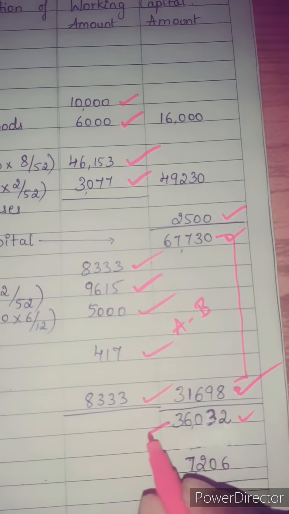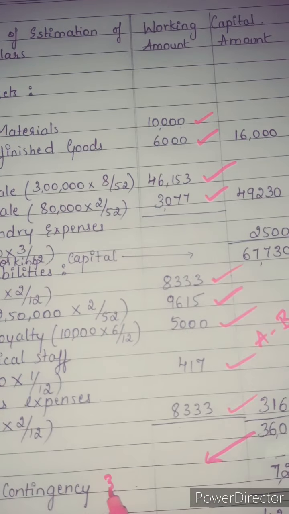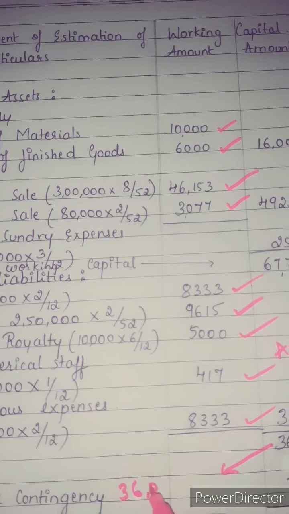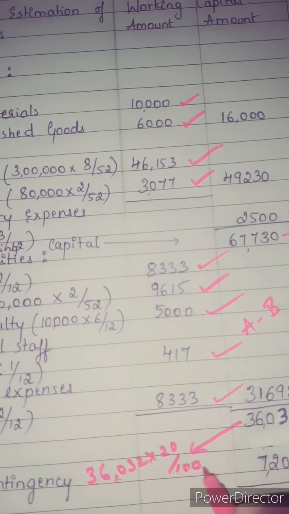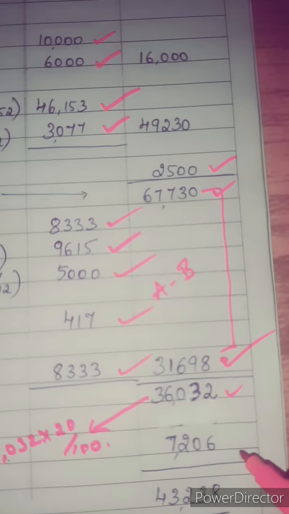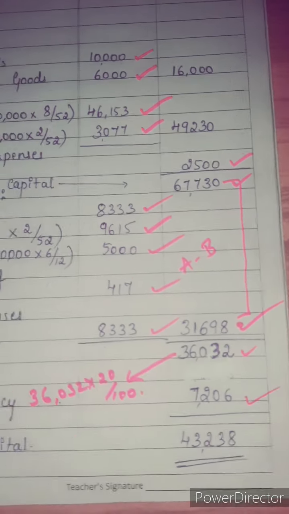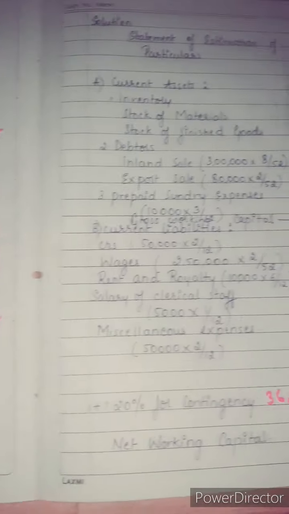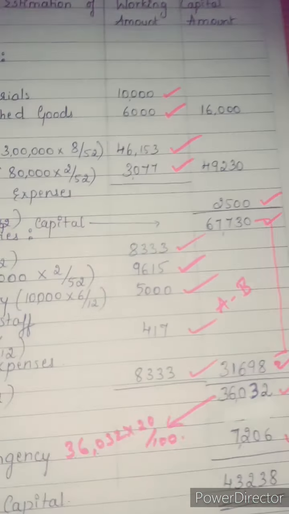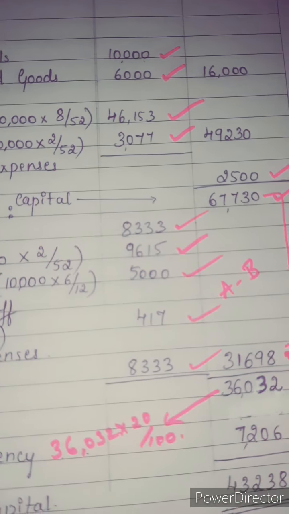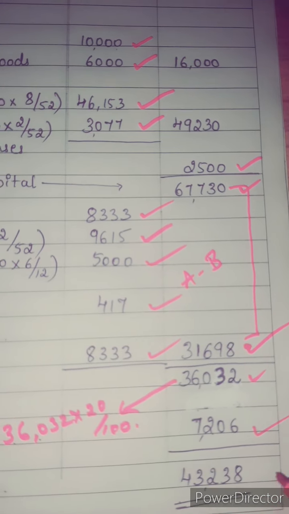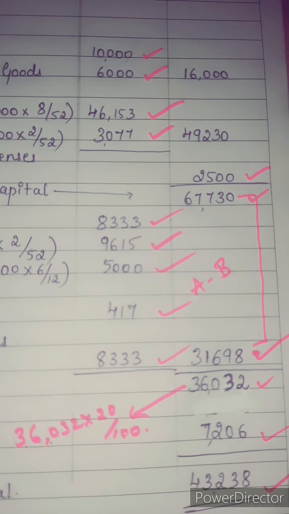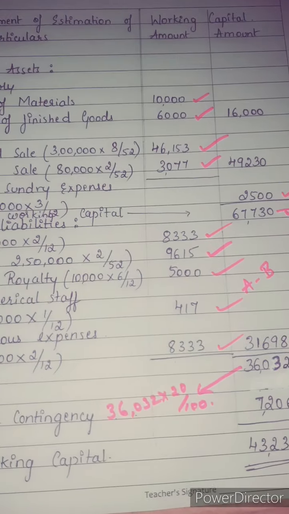So 36,032 into 20% is equal to 7,206. So total net working capital is 36,032 plus 7,206, that is equal to 43,238.